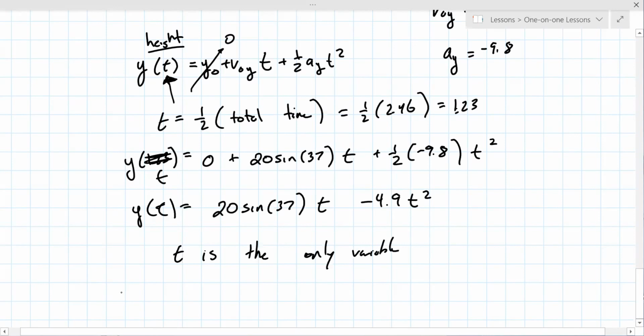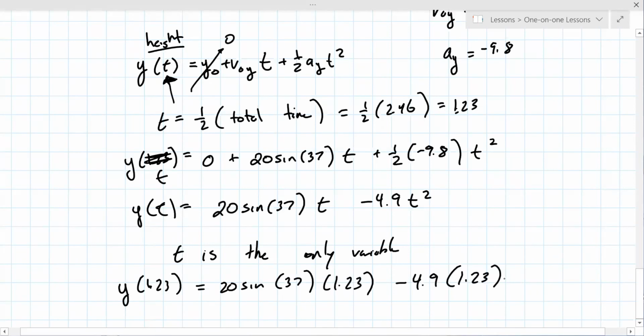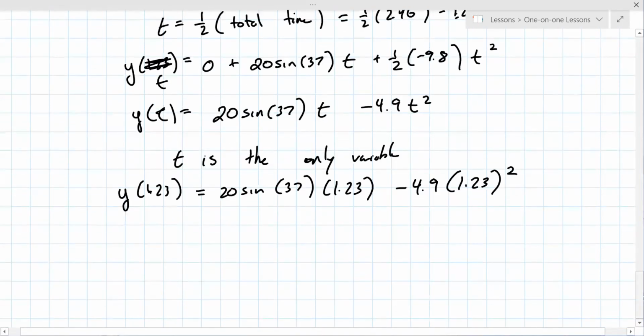So you're going to put 1.23 in, and you're going to tell me the output. This will end up turning into 7.39. I can't say yes or no, I'll just say that that's right. It's a calculator step at this point.